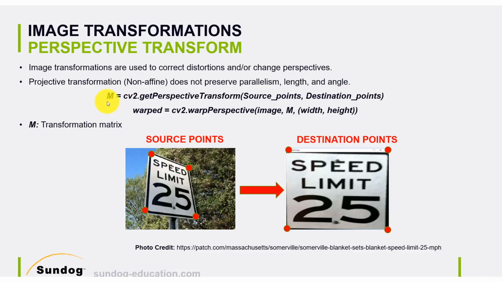That's it, in a very simple form, as if you were applying rotations or translations. Once we have the matrix, we can use warpPerspective. We provide the image, the matrix, and the dimensions of the output image, and that gives me the warped image.